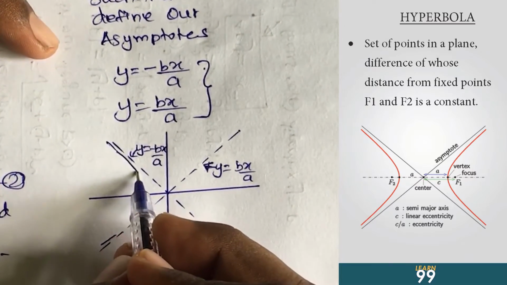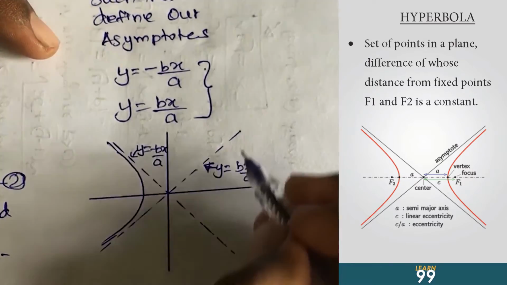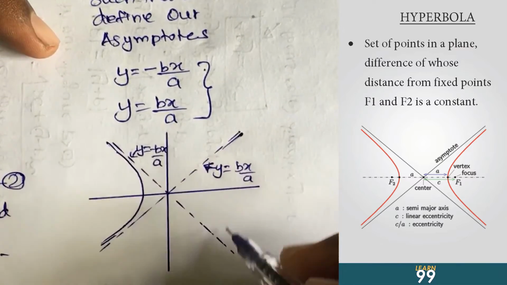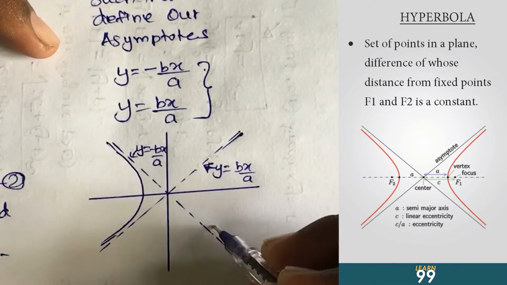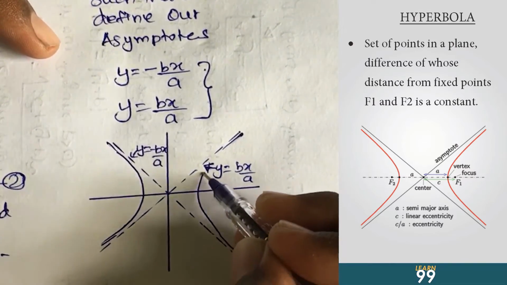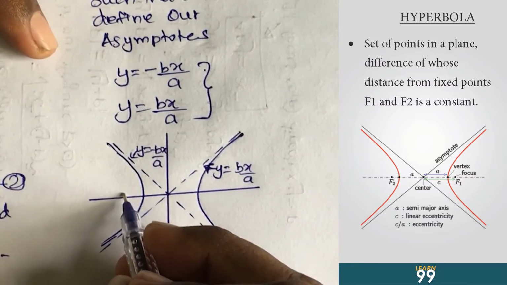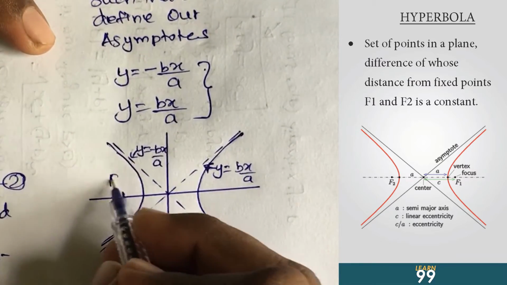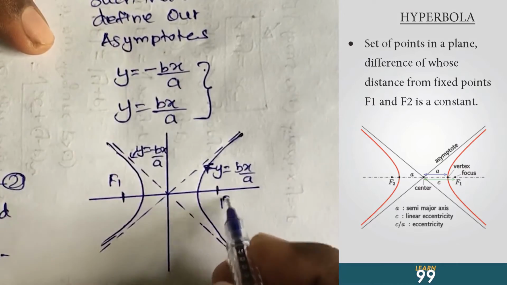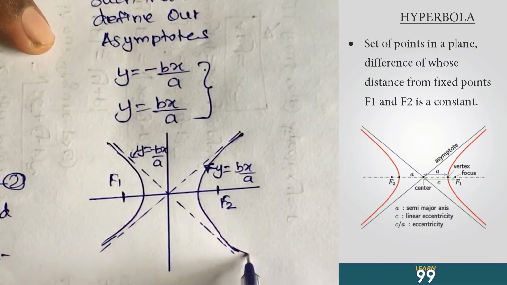So we have to point our foci, which are at minus c comma naught and c comma naught. Also our vertices at minus a comma naught and a comma naught.